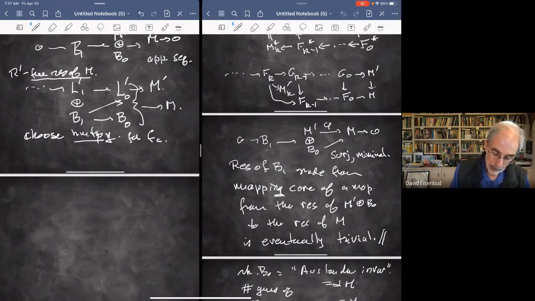So now Shamash's construction says you take this new complex, let's call this L double prime.